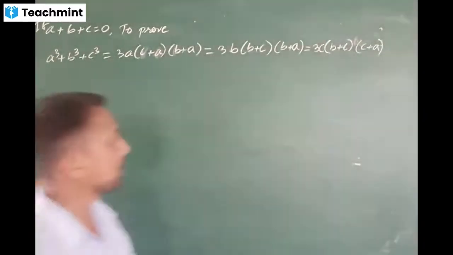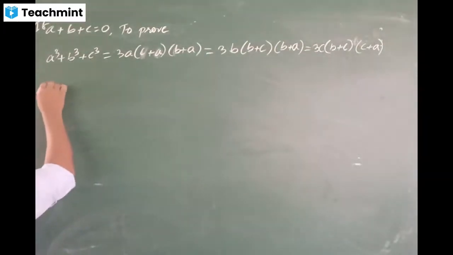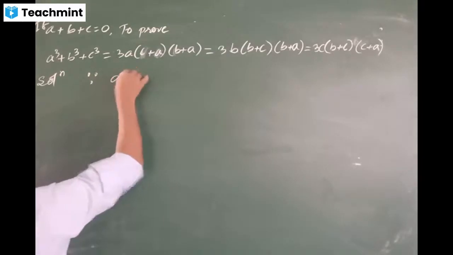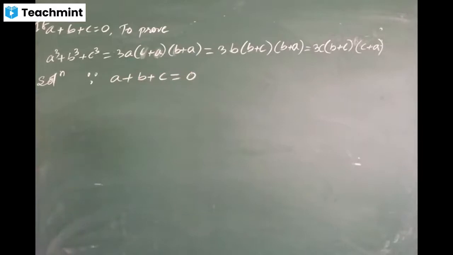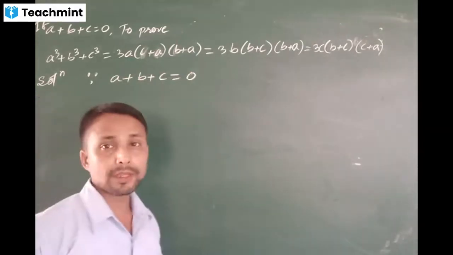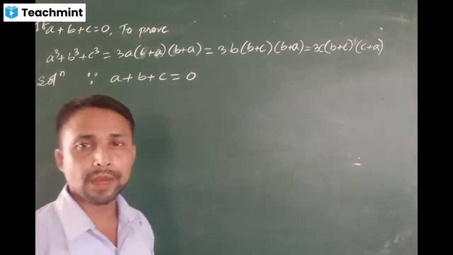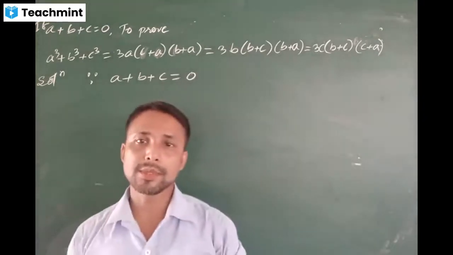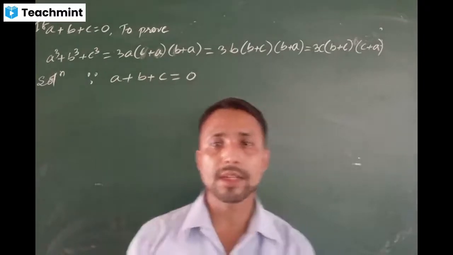Now, what we have here, let us take, since A plus B plus C equals 0, then A cube plus B cube plus C cube, if we go, then A plus B plus C whole cube minus, there is one theorem, minus 3 into A plus B, B plus C, C plus A. So we need only B plus C or C plus A, like that.